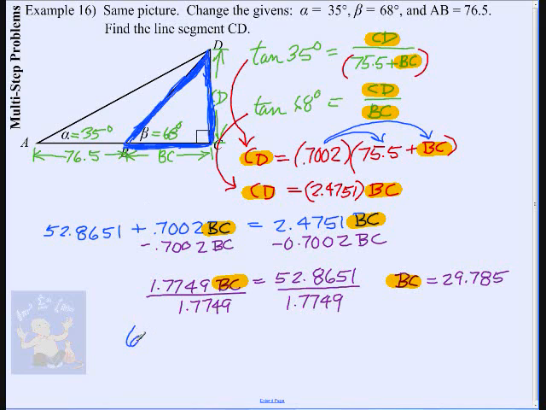The tangent of 68 degrees equals CD, which is what we were after all along, over BC, and we have a value for that now, 29.785. Or we could write it this way, CD is equal to the tangent of 68 degrees times 29.785.